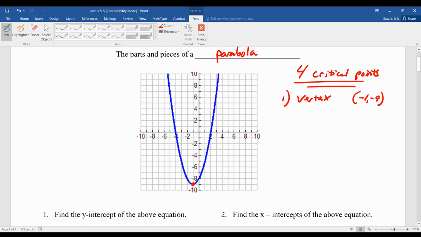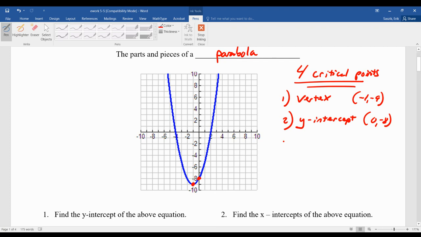A parabola also will have a y-intercept. That's another critical point. Now the y-intercept in this particular problem is right there. And that would be what? 0, -8. Okay.